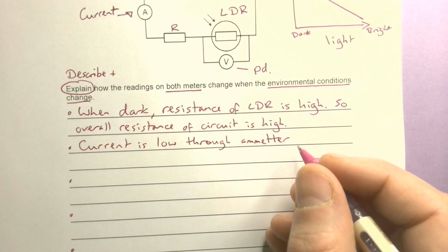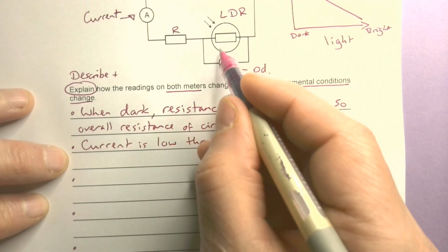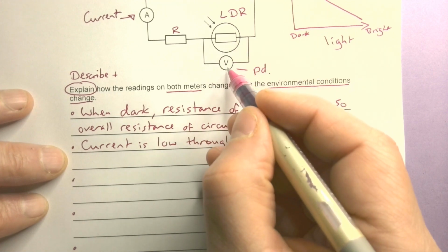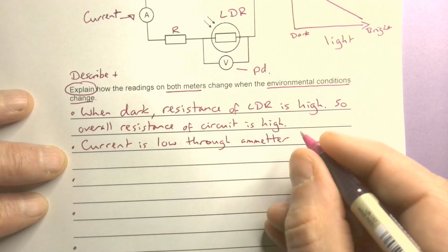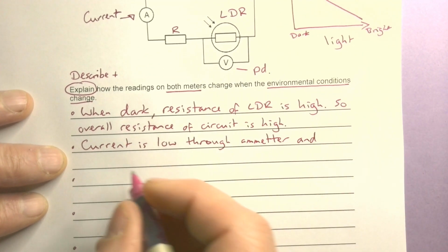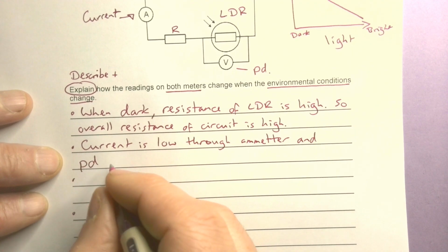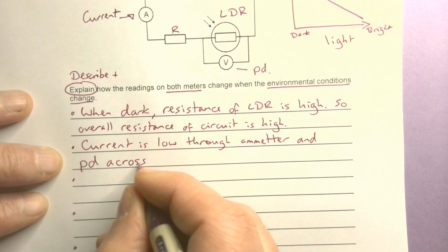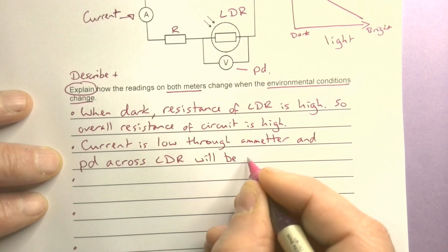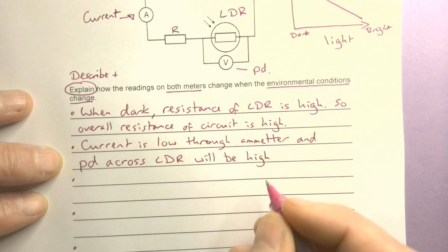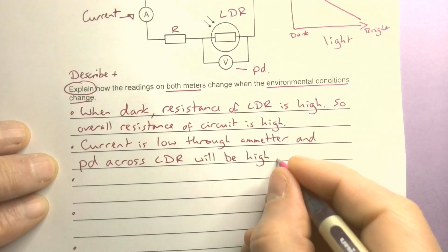Okay, and what's going to happen there? Current is low through ammeter, and if we can imagine what's going to happen then, because the resistance of this is high, the potential difference, the energy lost as the current goes through it, will be much higher as well. And resistance, and PD across LDR will be high. Okay, so that'll be high.